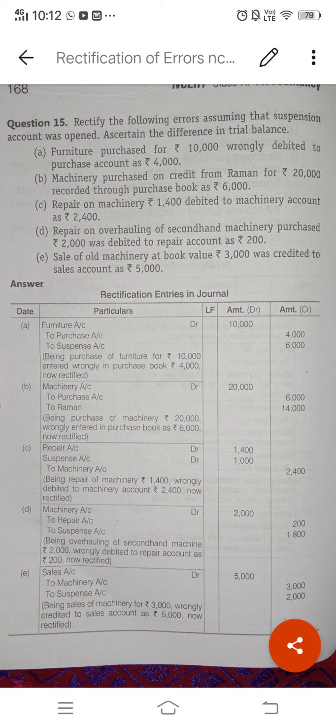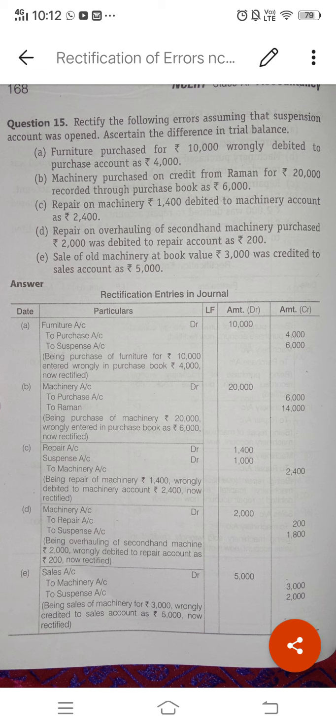Okay, next one. Repair on overhauling of second-hand machinery purchased 2,000 was debited to the repair account as 200. So first you have to write the correct entry. What is the correct entry?